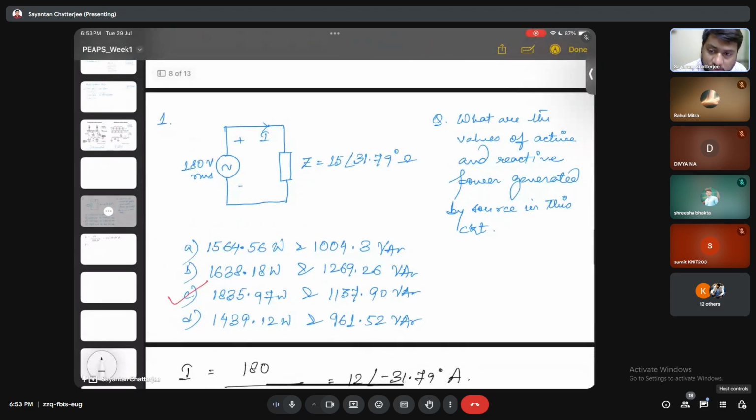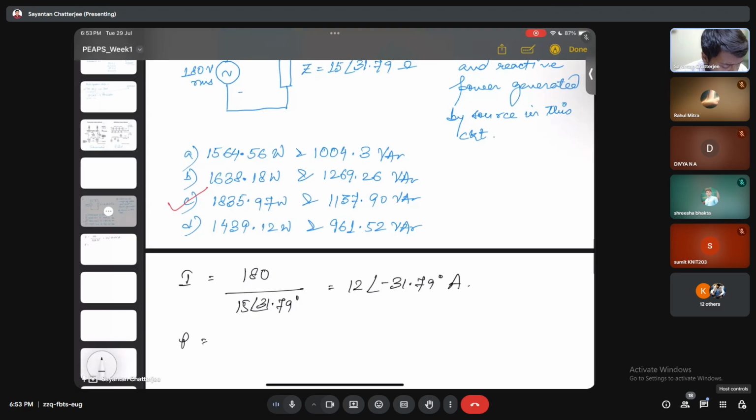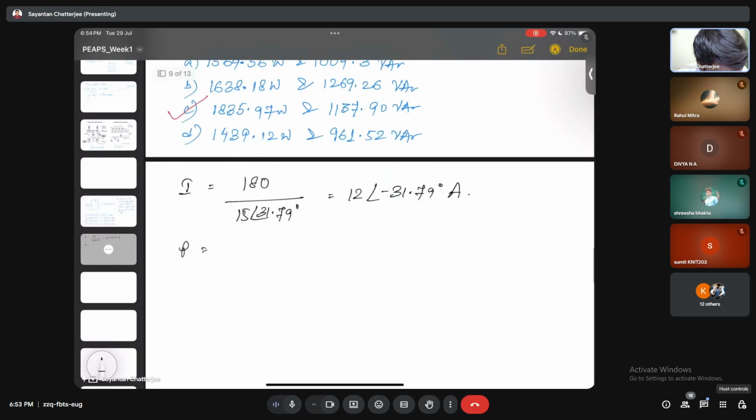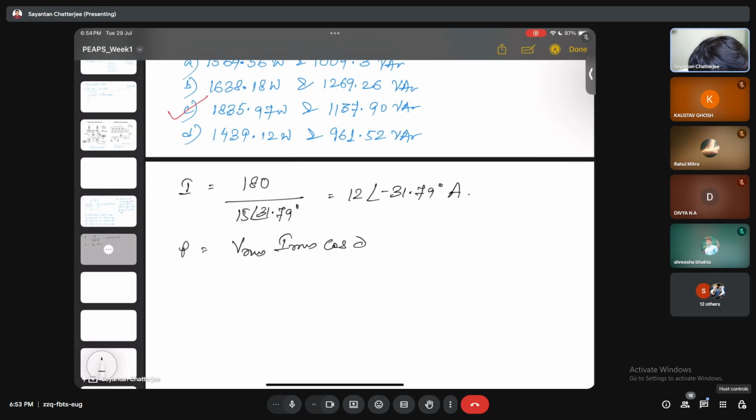If RMS values are given, and what we are getting are also RMS values, the real power will be V RMS, I RMS, cos phi. Considering these to be the RMS values, all these values are known.